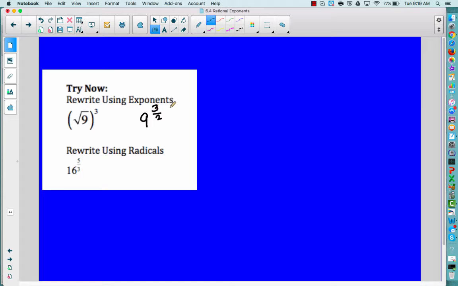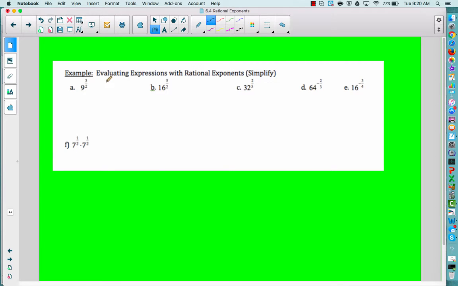So this should have been 9 to the 3/2 power. All right, if I want to rewrite using radicals, 16 to the 5/3 would mean the cubed root of 16 to the 5 power. All right, so we're going to be moving backwards and forwards between all of these different radicals and fractional exponents.